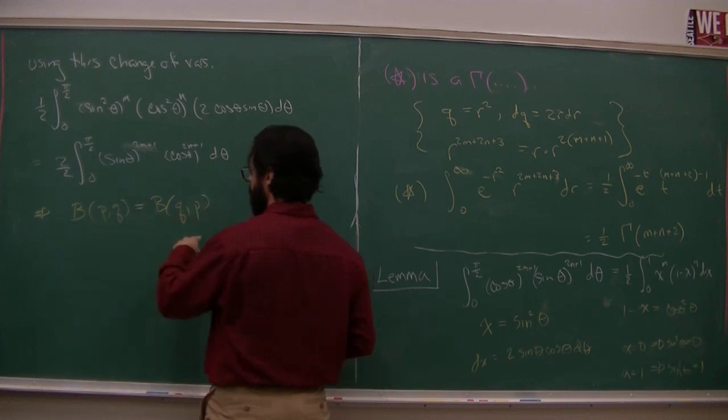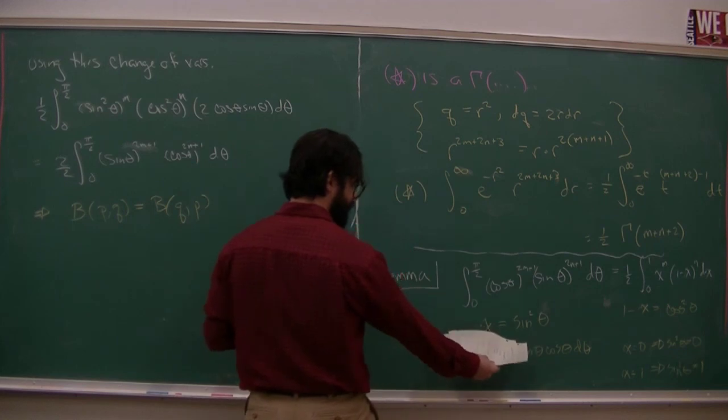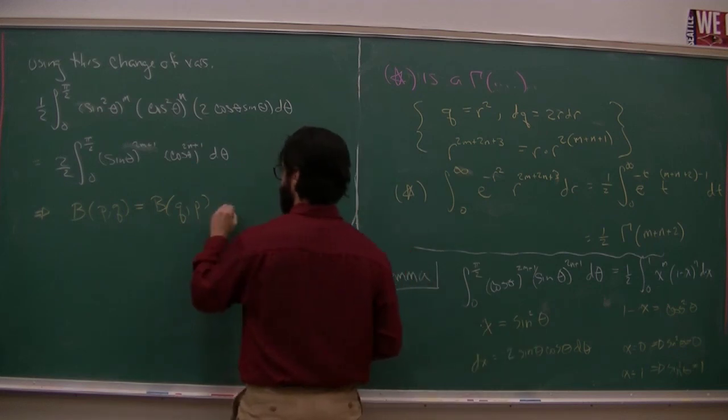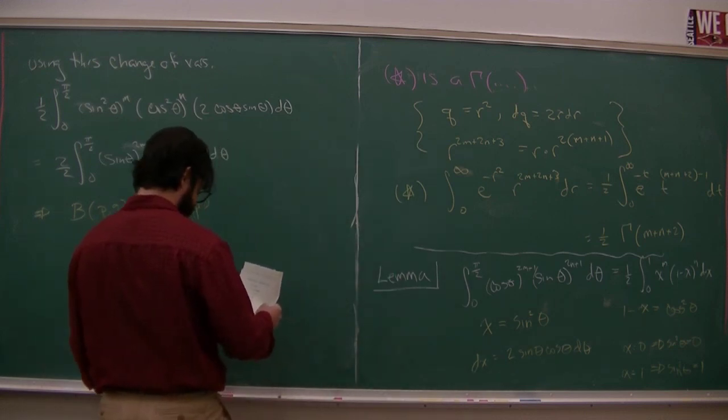So beta of q, p equals beta of p, q. You can see it right here in the change of variables. You can also see it from the description in terms of the gamma function or the factorials.